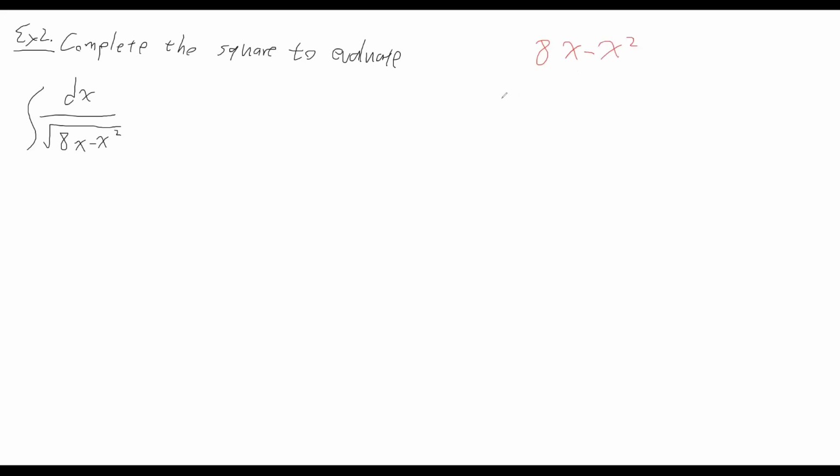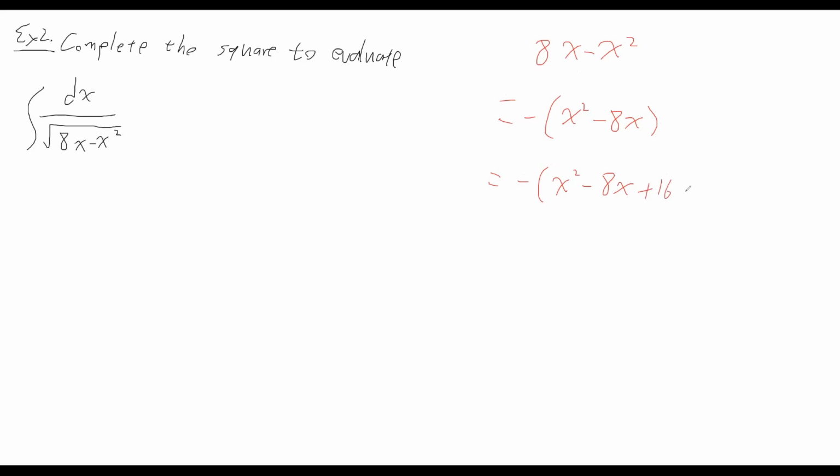Let's factor out the negative sign because I like to put x squared first. Then in order to complete this perfect square trinomial, we need to add half of negative 8 squared, which is 16, plus 16.